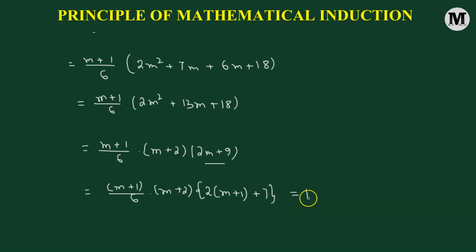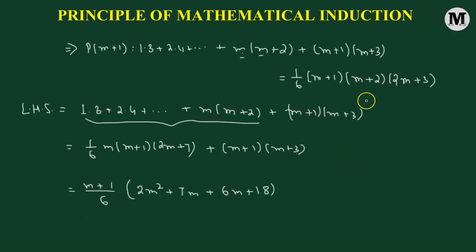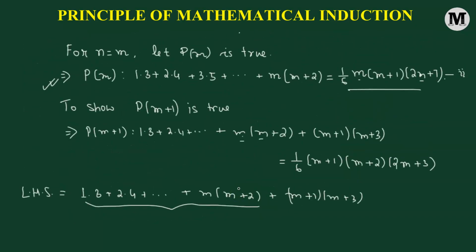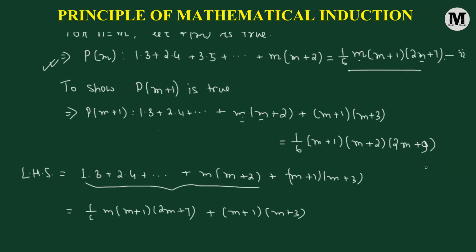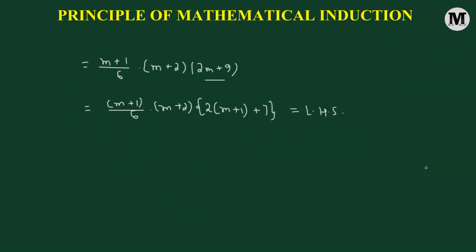And this is exactly the expression on the right hand side. So we can compare it. Yeah, so here I've made a mistake. 2m plus 7, when we replace this m with m plus 1, is going to become 2m plus 9, not 2m plus 3. So that's exactly what we have obtained here.